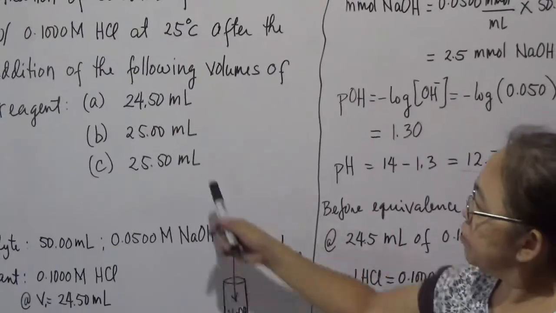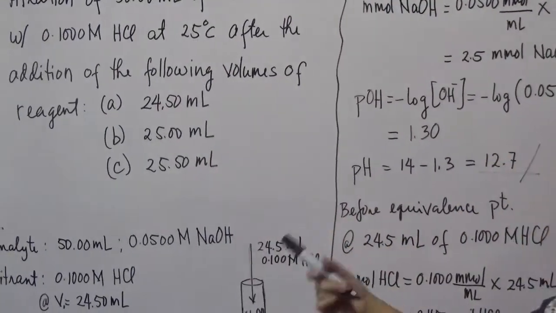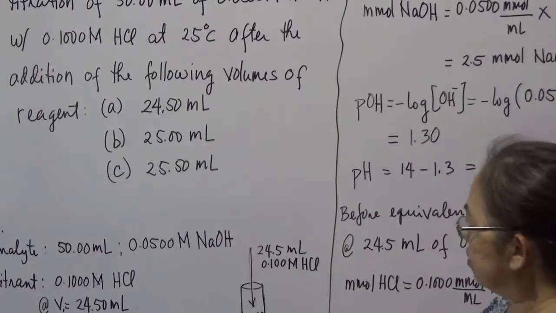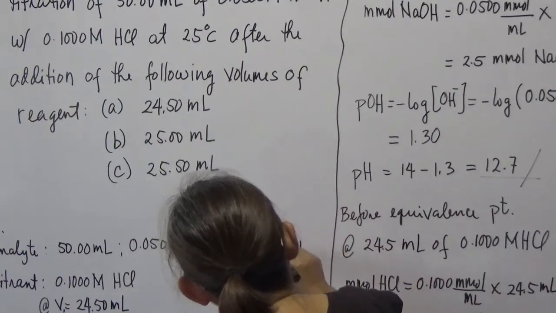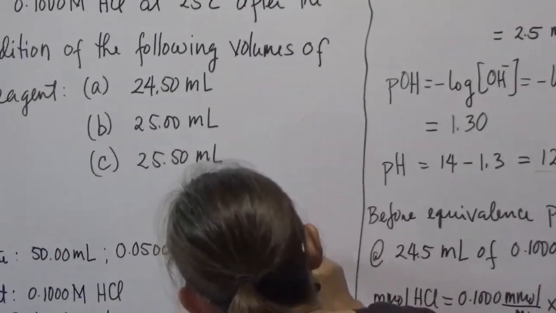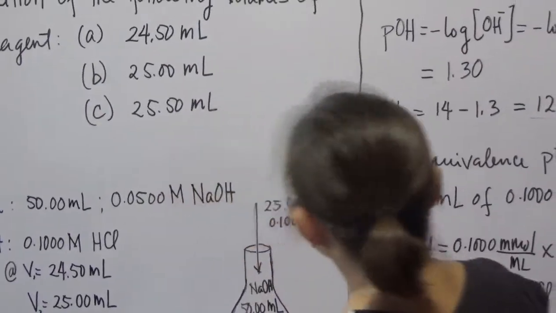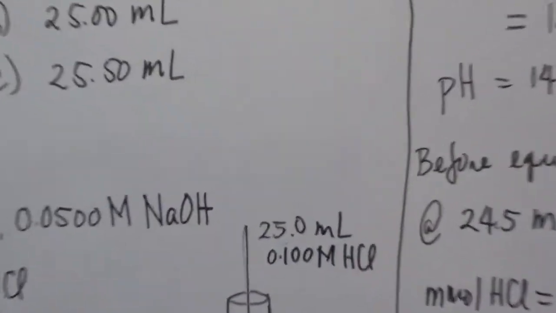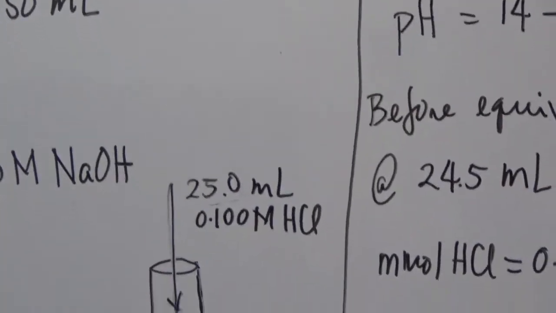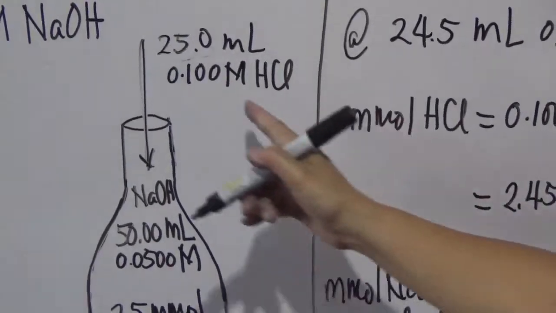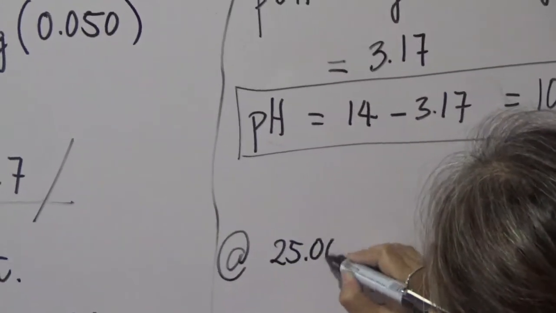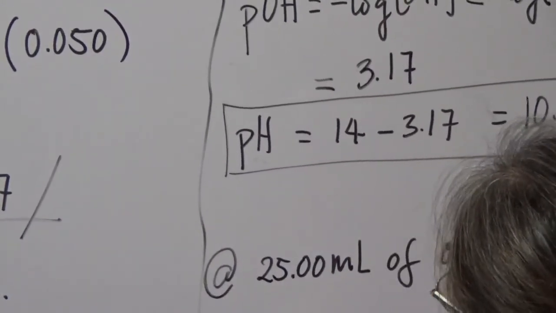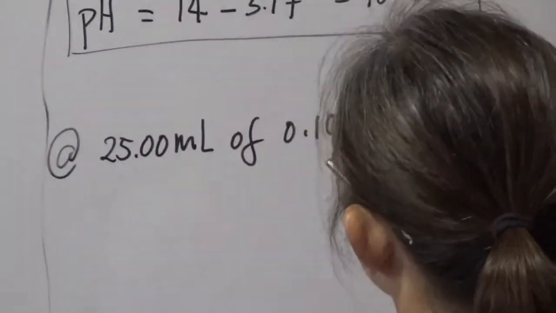Now, what will be the pH if 25 ml will be added? Before, it was added with 24.5, so there will be an additional 0.5 ml of HCl. So it becomes 25 ml of 0.1 molar hydrochloric acid.